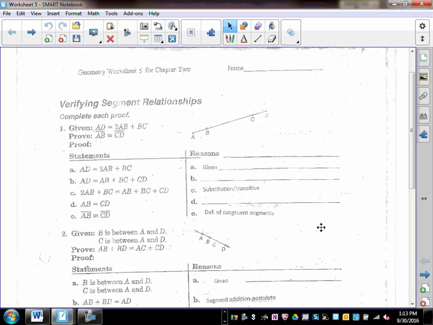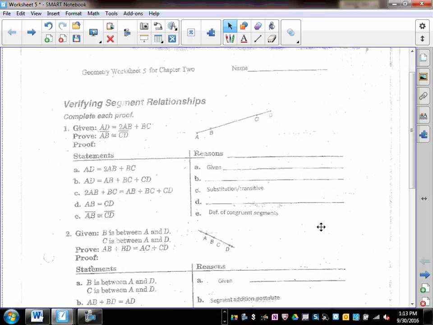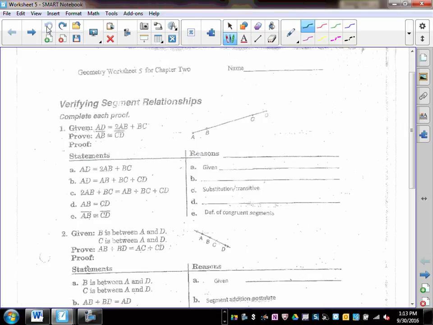All right. So number 1, we're just gonna get through as much as we can. It says given segment, the measure of segment AD is equal to 2 times AB plus BC. Interesting. Prove that this chunk is equal to this piece.